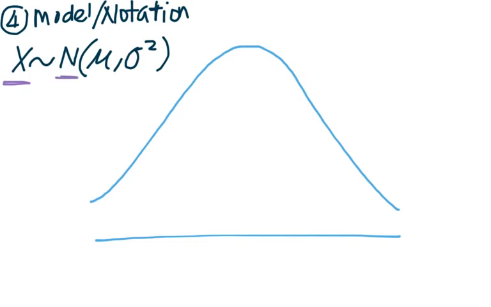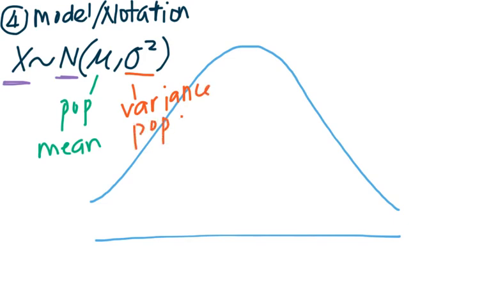Let's say our x is the height. So height is normally distributed with mu, where mu is the population mean, and sigma squared, where sigma squared is the population variance.